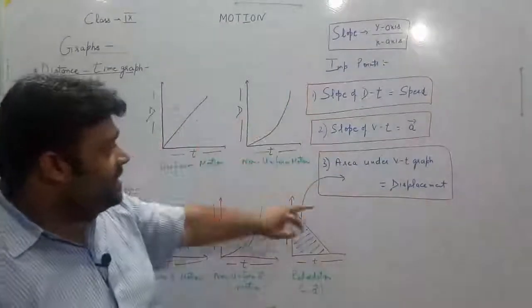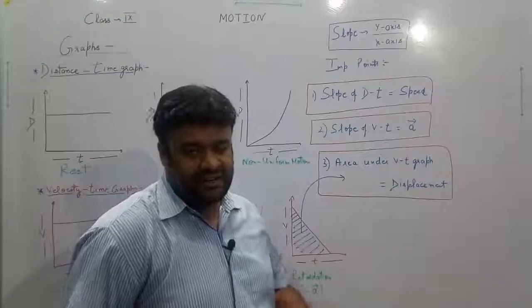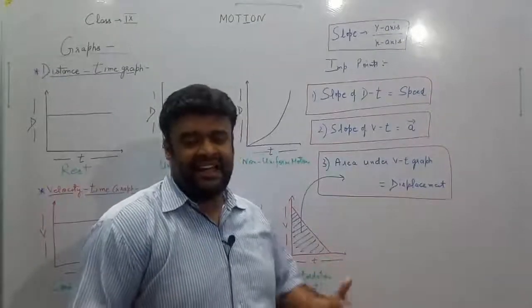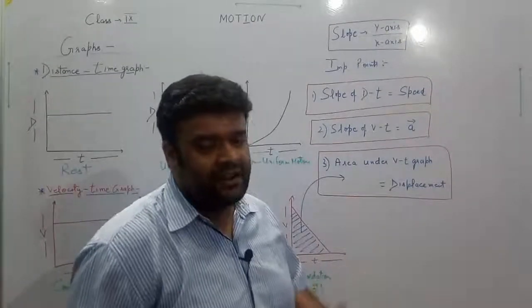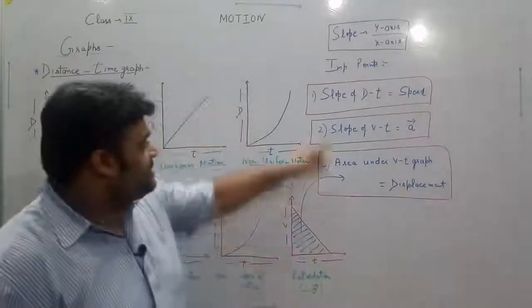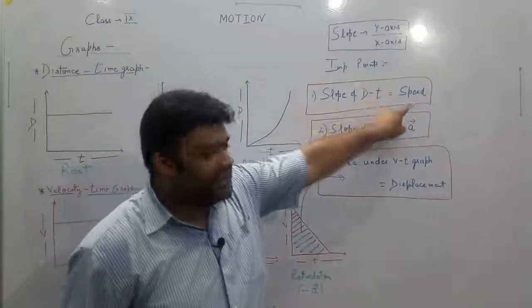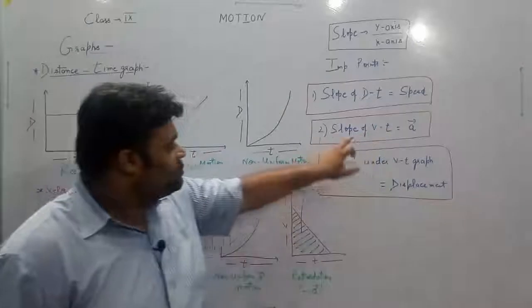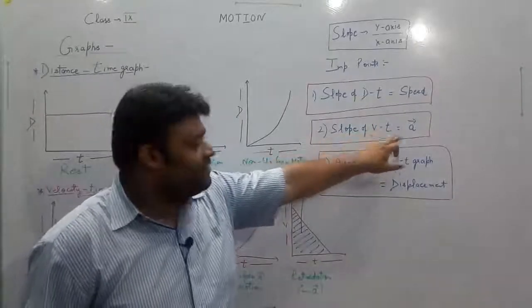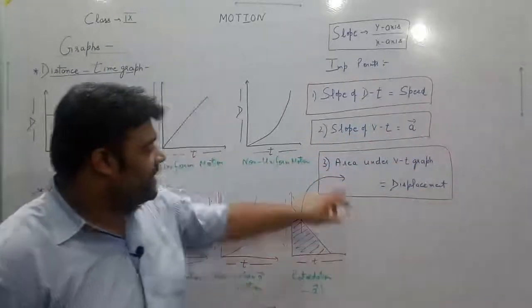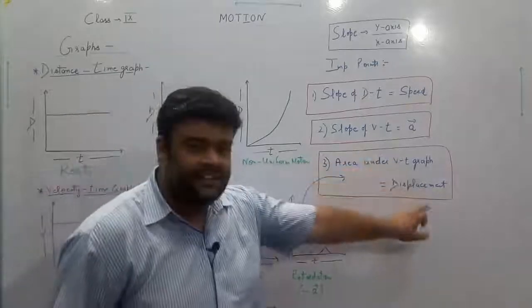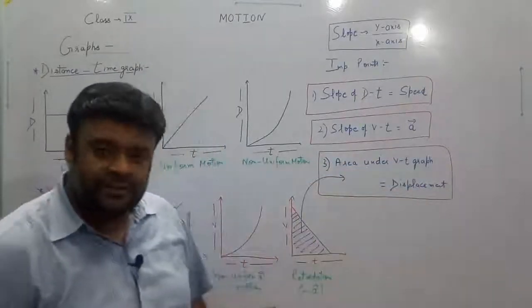So these are the three important conditions related to slope and area of the distance time and velocity time graphs. That is, the slope of the distance time graph is equal to speed, the slope of the velocity time graph is equal to acceleration, and the area under the velocity time graph is equal to displacement.